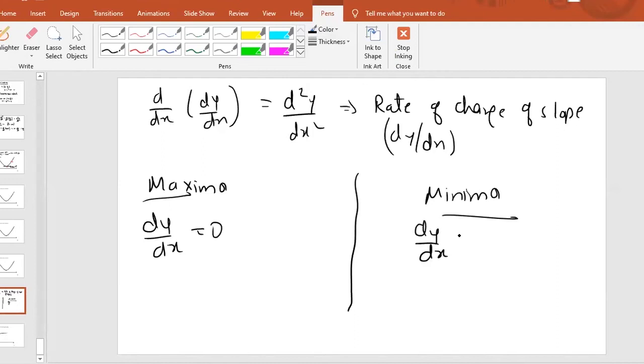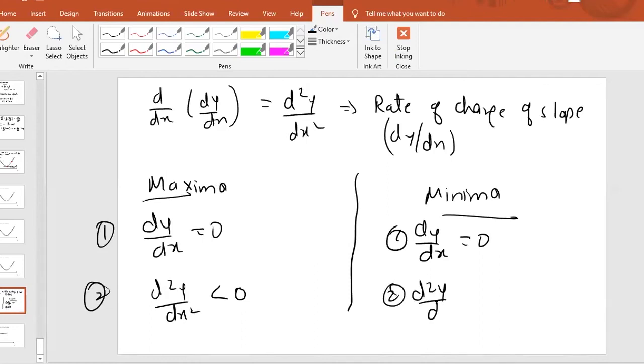That is the first condition for maxima and minima, and I have proved this point. The second point is that for maxima, the double differentiation of y with respect to x should be less than 0. And for minima, the double differentiation of y with respect to x should be greater than 0.